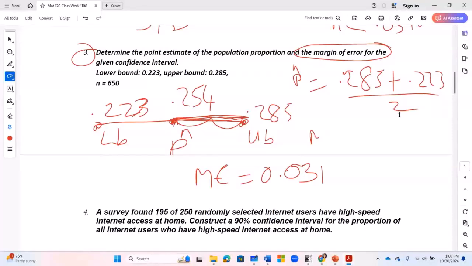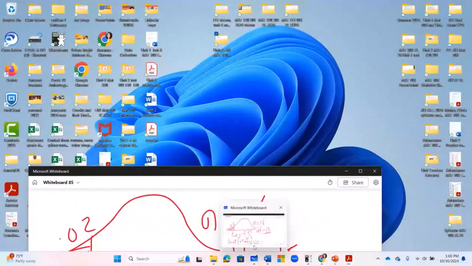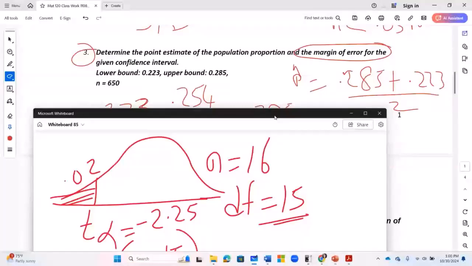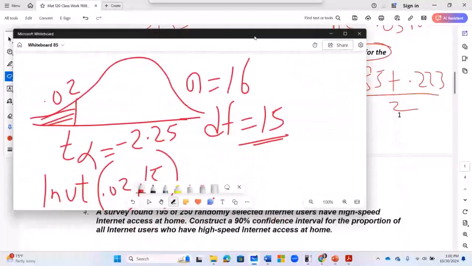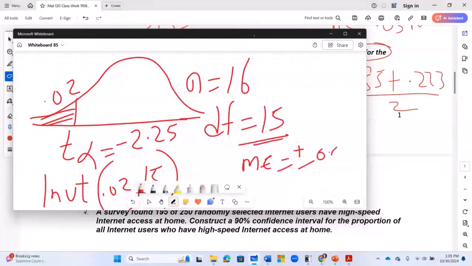So let me actually get my whiteboard because this is not responding. So that margin of error, ME, is equal to plus or minus 0.031.